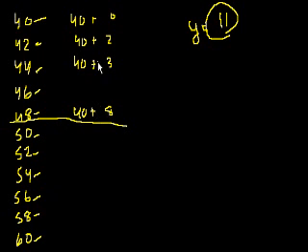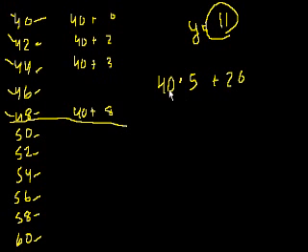There's 1, 2, 3, 4, 5 of them, so it's equal to 40 times 5, that adds up all the 40s, plus 2 plus 4 plus 6 plus 8. 2 plus 4 is 6, plus 6 is 12, plus 8 is 20. So 40 times 5 is 200, plus 20 is equal to 220.